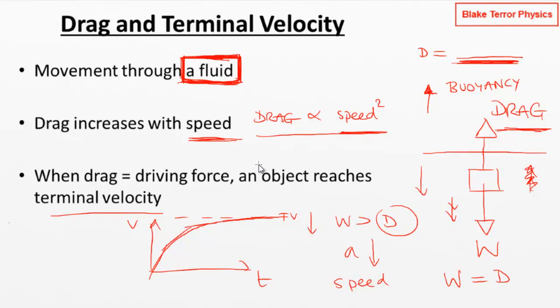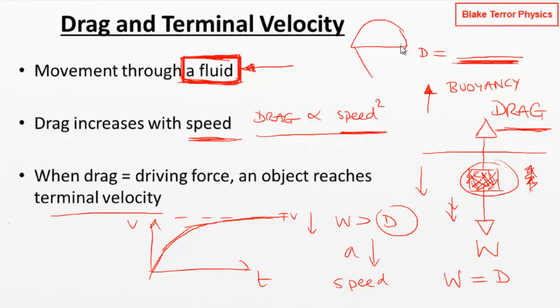So yeah, that's what's going on with drag and terminal velocity: resistance to motion when an object is moving through a fluid, and that can increase up to the driving force. In most of the questions that we end up looking at, the driving force is the weight of an object, because we've either got something falling through liquid, as we've just had in this case, or we might have the skydiver.